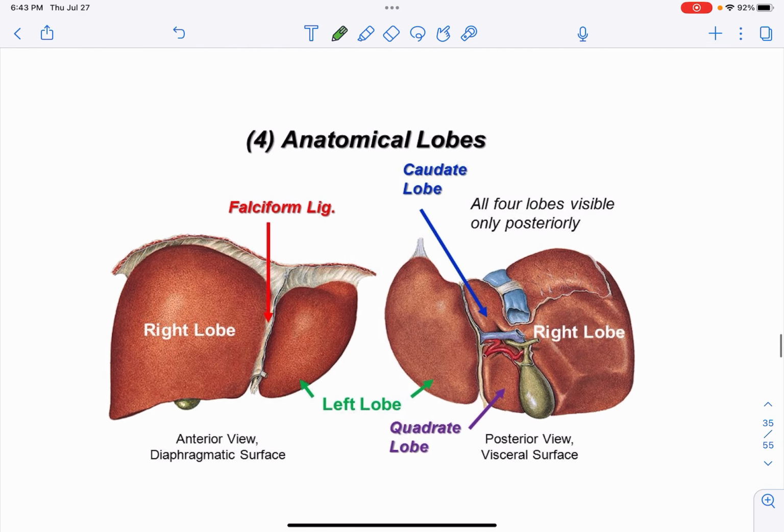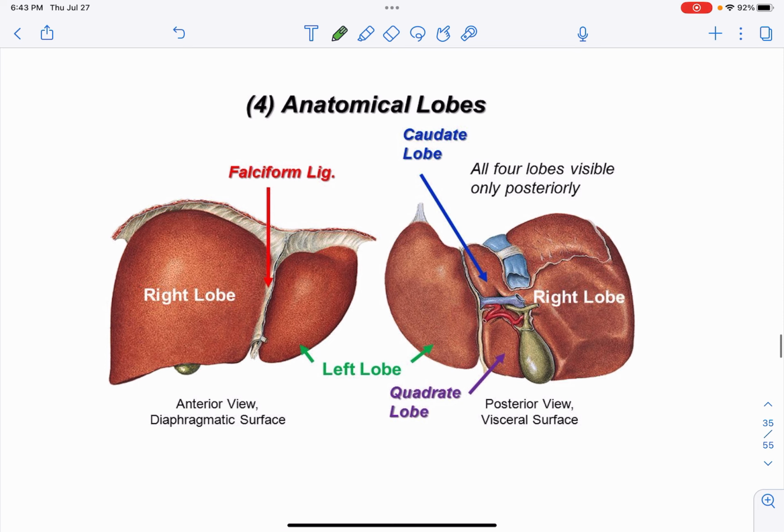We'll first start by talking about the lobes. Here is an anterior view of the liver, and here is a posterior view. If you're looking at the liver in the anterior view, you're going to see two lobes: the right lobe and the left lobe. When you look at the posterior side, you're able to make out two additional lobes.